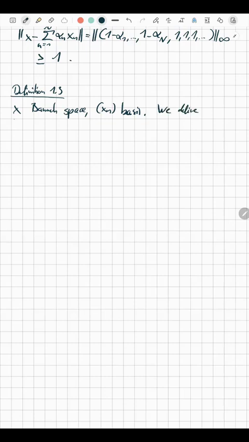We define the mth coordinate functional xm dash as the following map.